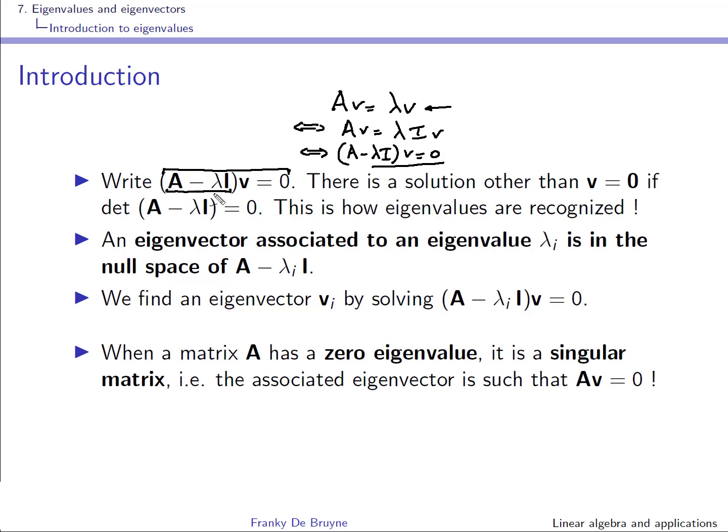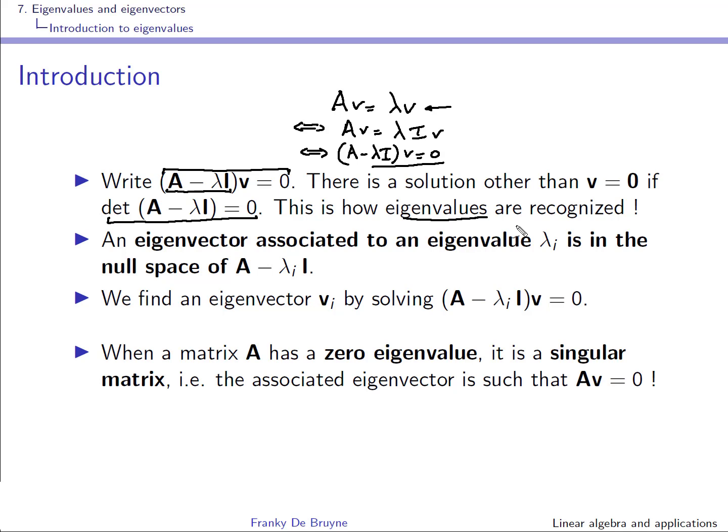So if this matrix is singular for the given value of lambda, this means that its determinant must be 0. So by writing this determinant we obtain the so-called characteristic equation and we can recognize the eigenvalues.